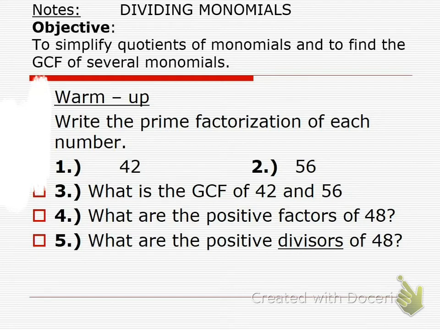If I'm going to write the factor tree for 42, what's something I could break 42 into? 2 times what would give me 42? 21. So 2 times 21 would work.